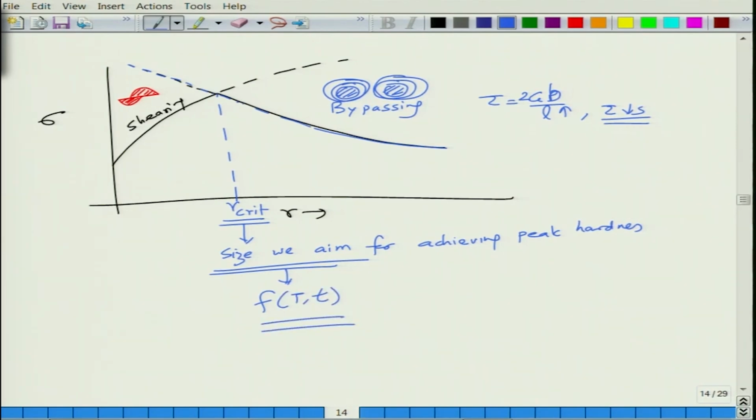Basically, formation of hard precipitates in aluminum alloys goes through a sequence of nucleation and growth mechanisms. First, in aluminum alloy, the copper clusters form what we call GP zones, which have a coherent interface with the matrix, and they lead to certain strain at the interface. Because more and more copper wants to come out of aluminum as you hold the alloy for longer, these GP zones grow into theta double prime and theta prime precipitates, which are also coherent or semi-coherent with the matrix.